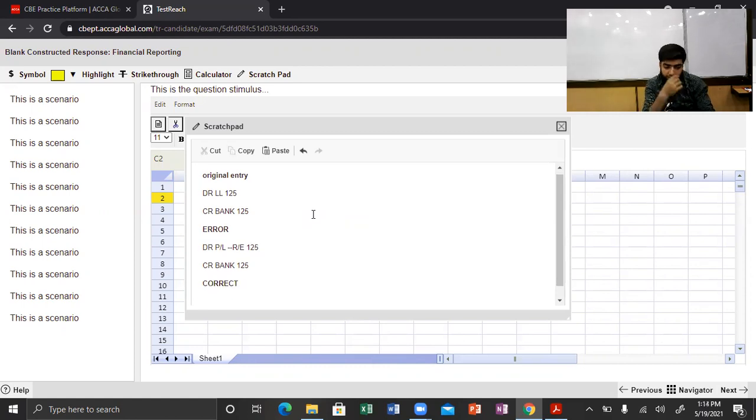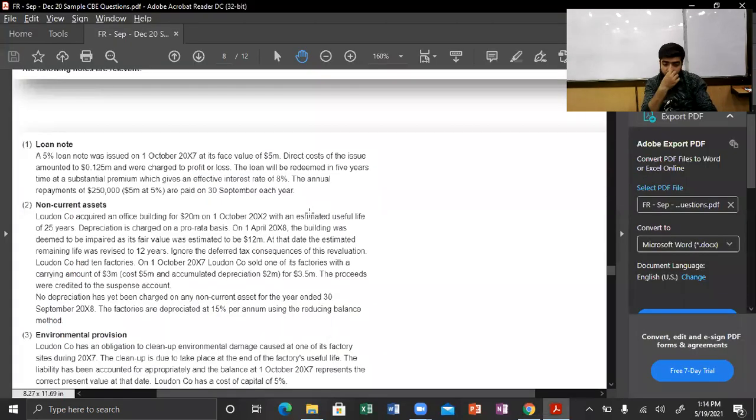The correct entry would be that we debit the loan liability with 125, as it was not debited as it should have been, and credit the P and L, or we can say the retained earning, by 125. That is the adjustment which is required. And if you are crediting the P&L or the retained earning account, it means we are increasing the profit or increasing the retained earning balance.